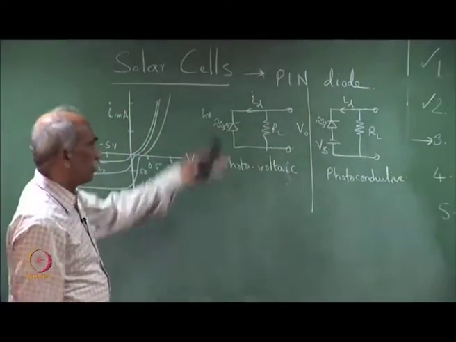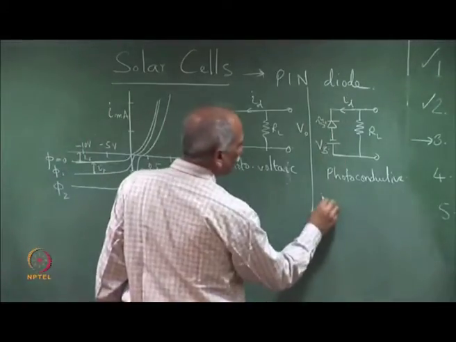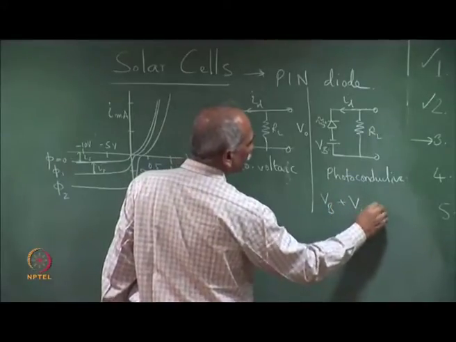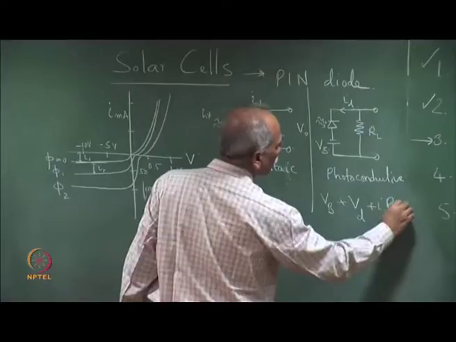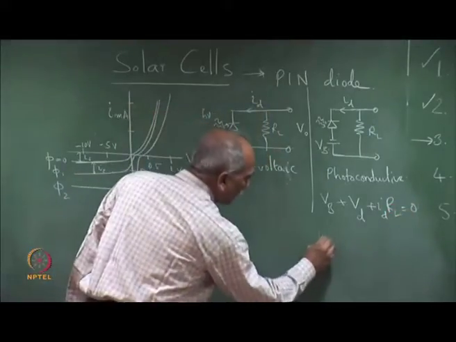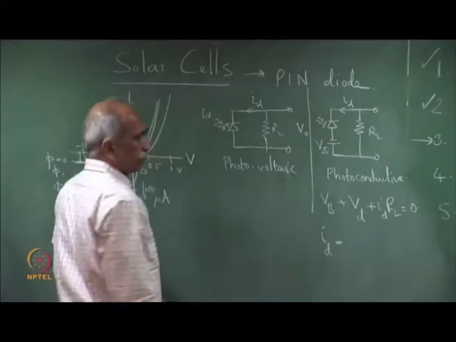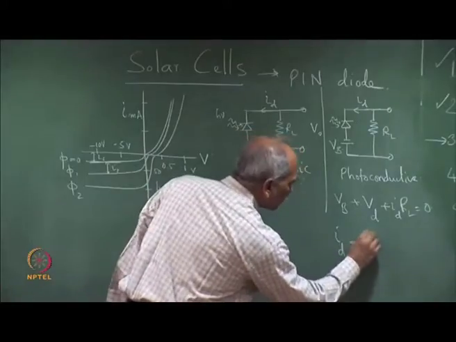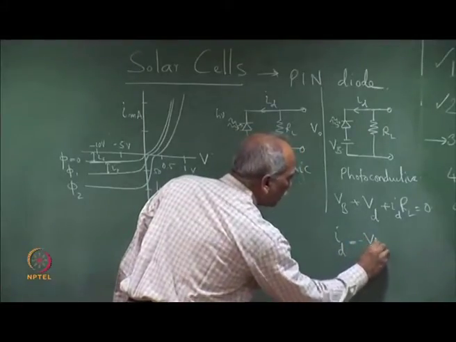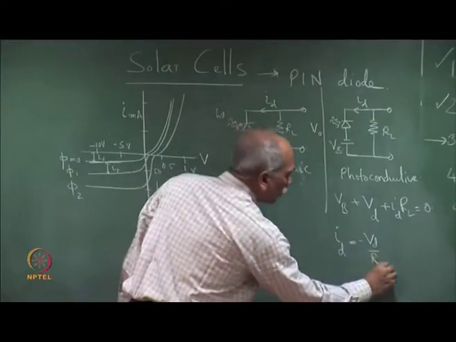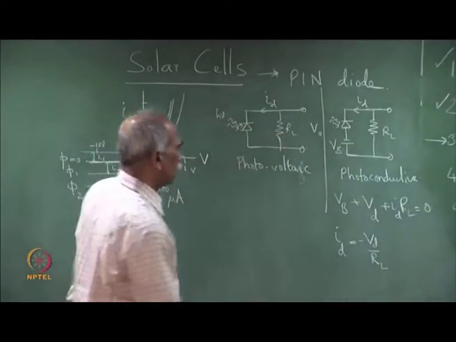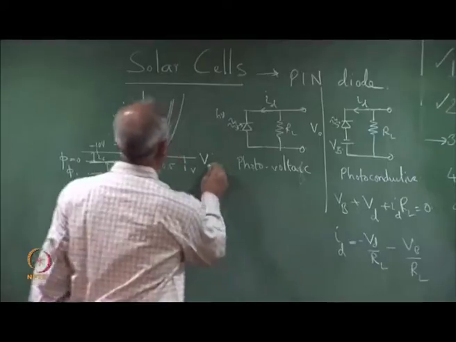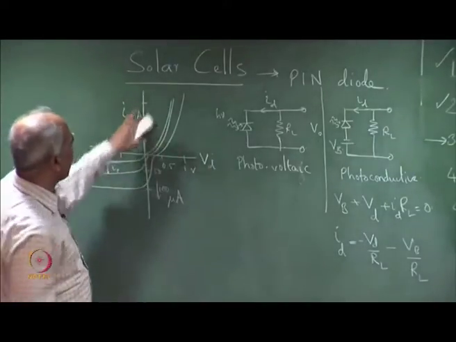if I show the reverse current I D, then we write V b plus the voltage across the diode V d plus I d into R L is equal to 0, or the equation of the load line, I d is equal to minus V d by R L minus V b by R L. So, V d is the diode voltage, and we plot V d versus I d here.